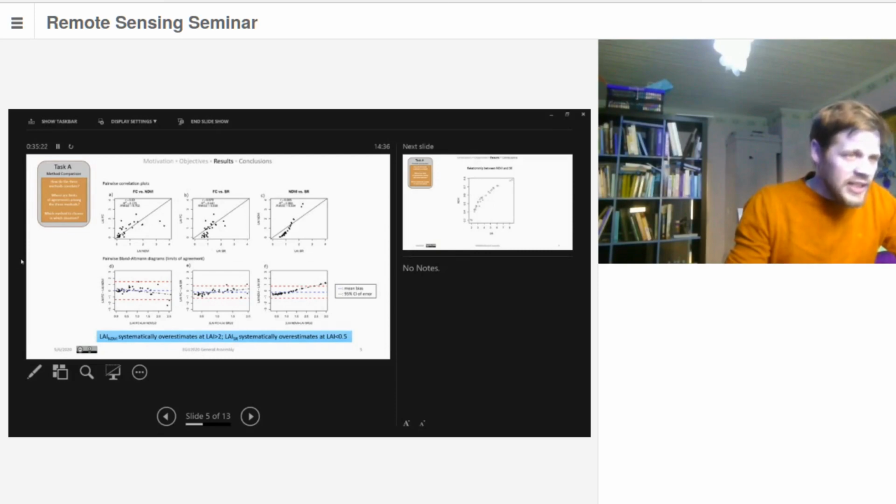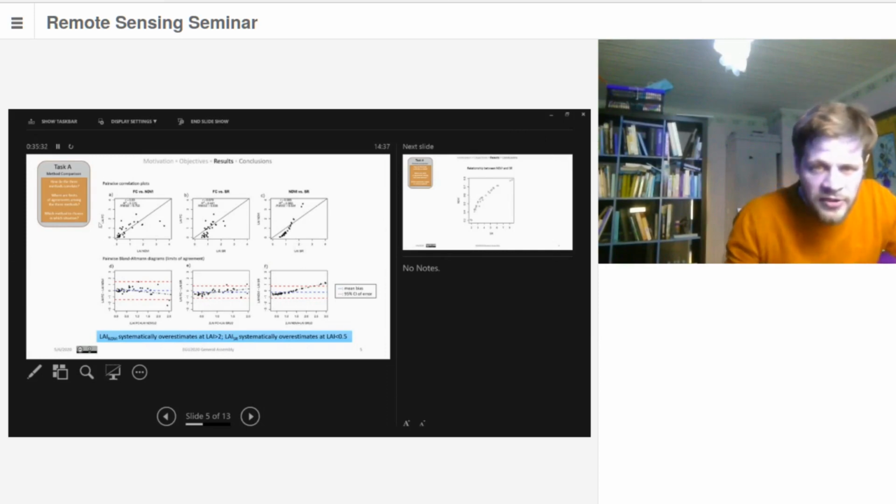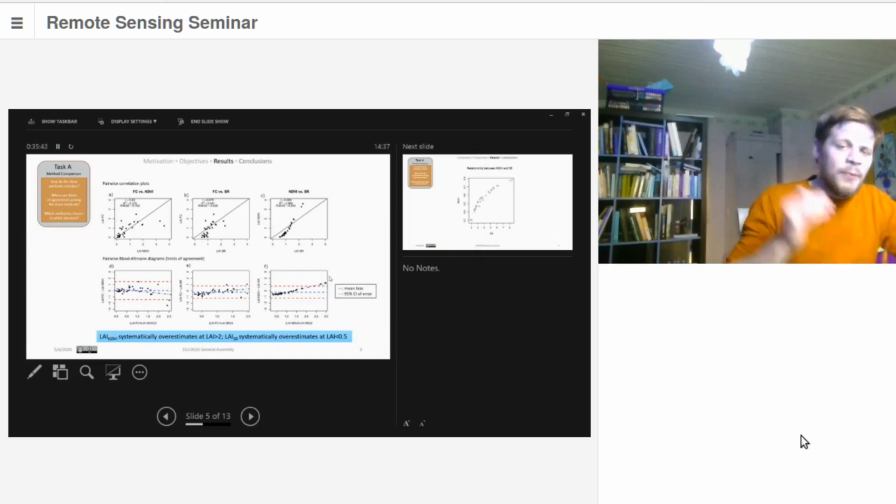It means that the NDVI method gives considerably larger values at LAI ranges above approximately 2. For instance, in plot F, you can see that between 2 and 3, the NDVI method is significantly upwards biased.